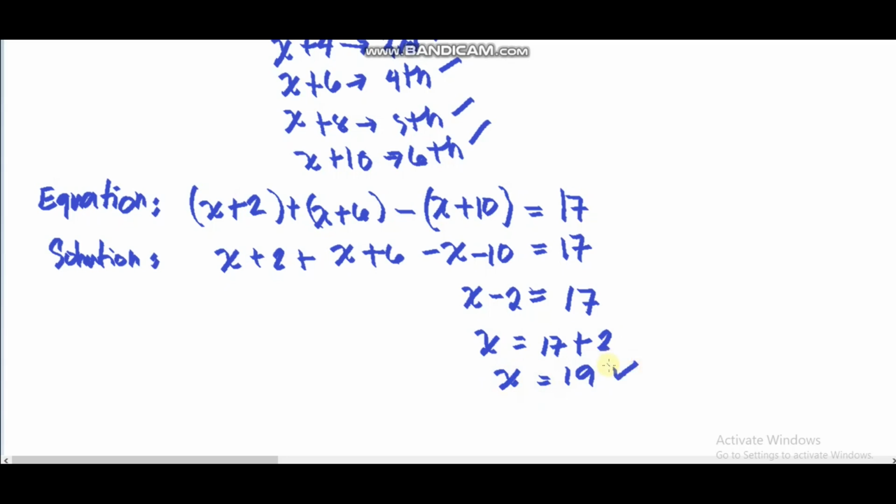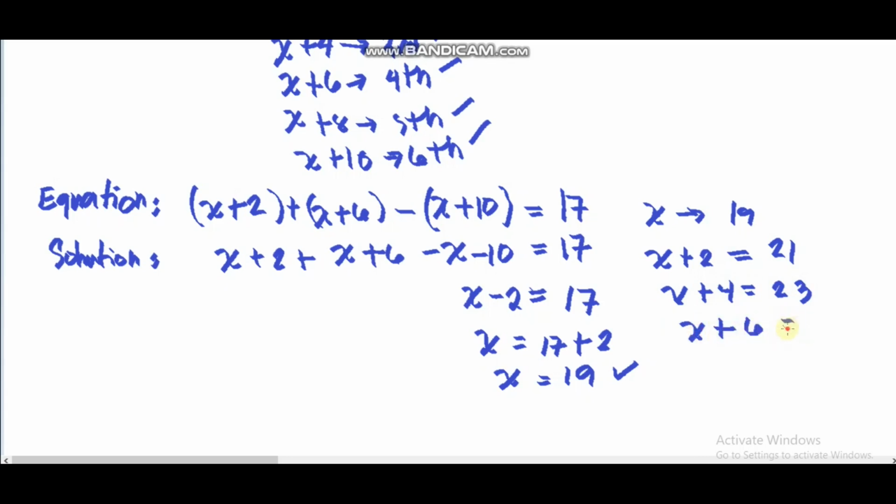So, we have already the value of x. Now, we can substitute that x, that is 19. X plus 2, which is 21. X plus 4, 23. X plus 6, 25.